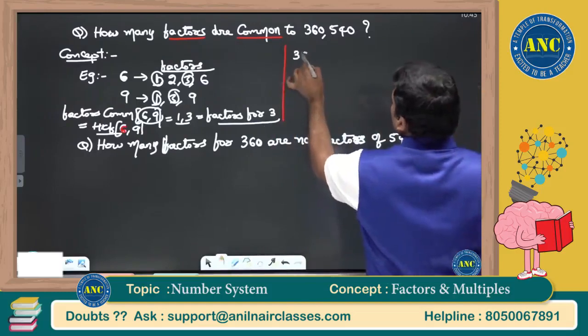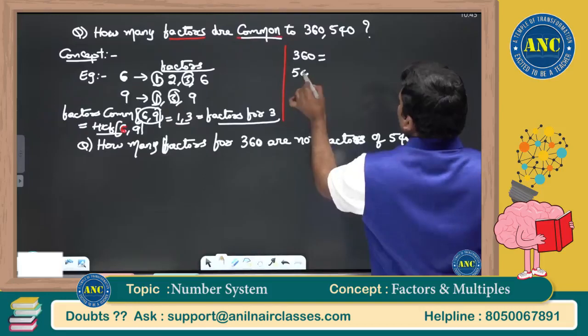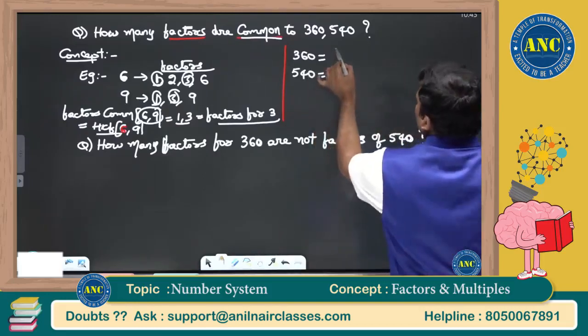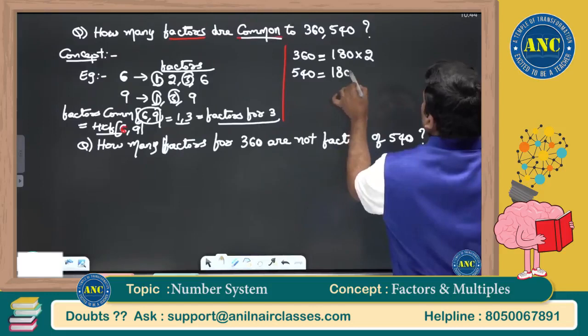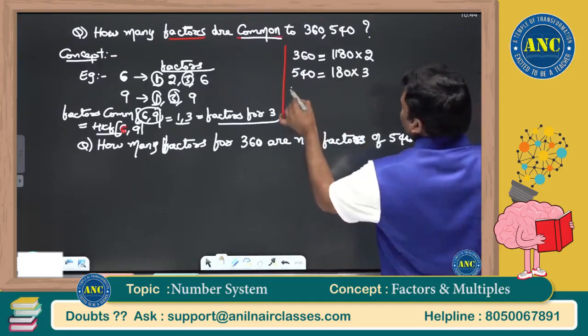One number is 360, another is 540. 360 is 180 into 2. 540 is 180 into 3. Now see here.